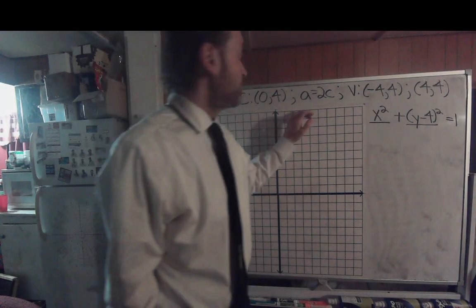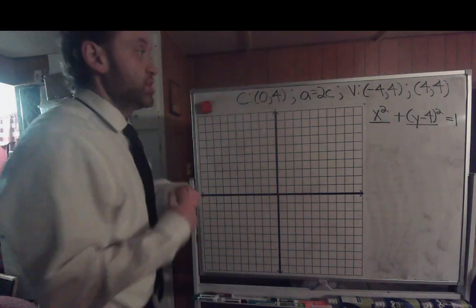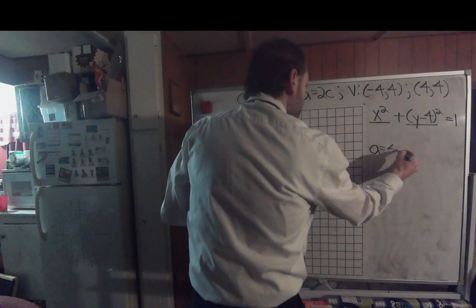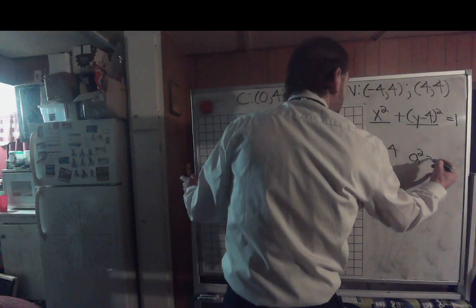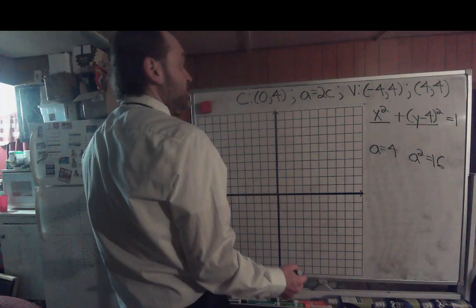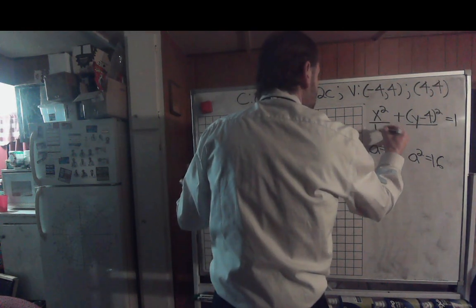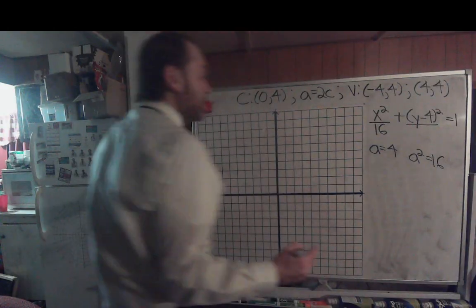From 0, 4 to 4, 4, it's also a change of 4 units. So that means A equals 4. So then my A squared would equal 16. And we've determined that the x-axis is the major axis, so that 16 is going to go below the x squared.